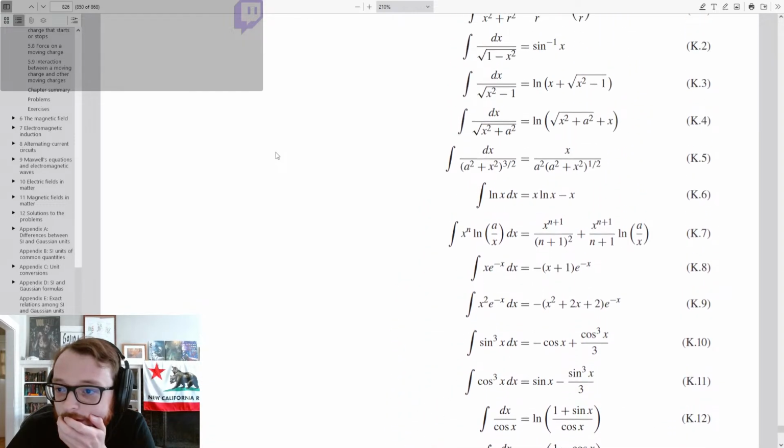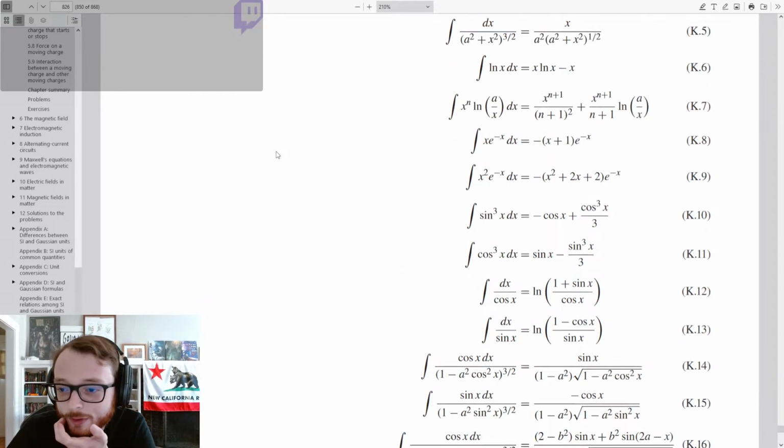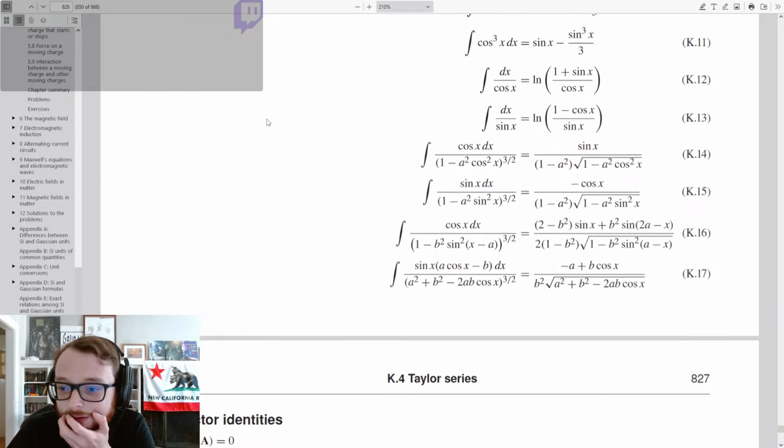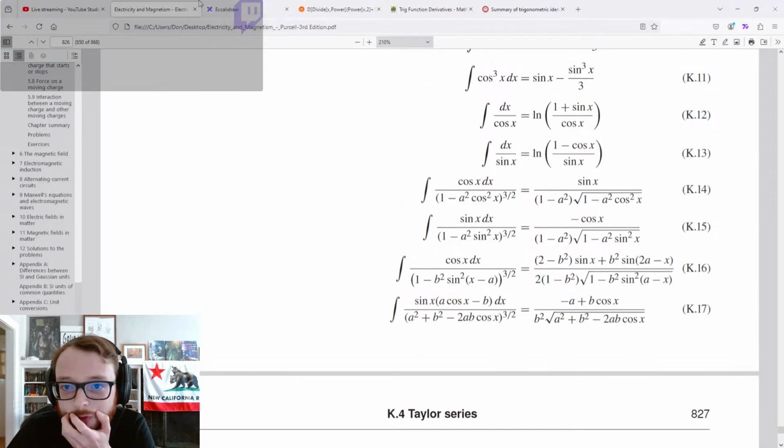Really? Should we have a cosine or something up there? They said that you could use appendix K. But we don't have it with a 1 in the numerator.